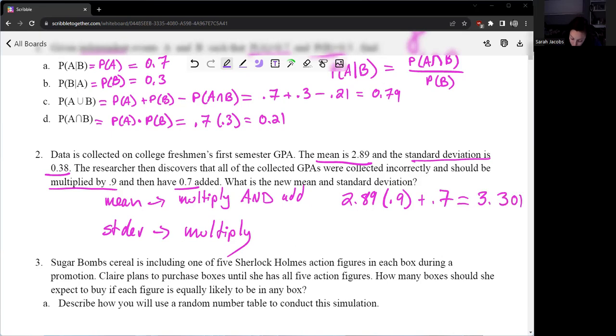For a standard deviation, though, because again, it's a measure of spread, so shifts, pluses and minuses don't affect it, we're just going to take the 0.38 times 0.9. And that's going to give us 0.342. Makes sense. 0.9 is 90%, so it's most of it, but a little bit less. Okay.